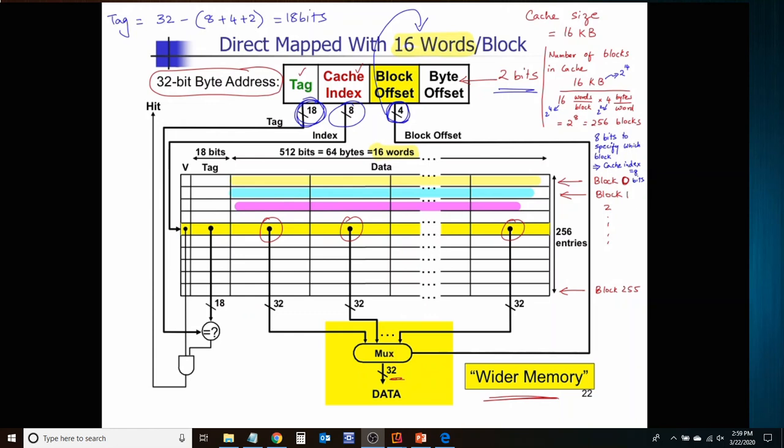So because we have 16 words, those are going to be 16 inputs to that mux, and we need to select one from that 16. So this is a 16 to 1 mux, and obviously to select between 16 options, we would need a 4-bit sequence that is essentially provided by the block offset over here. So that's a 4-bit select essentially. So that's how we get the 32-bit data, and this is a wider cache. That's how we are able to do it.